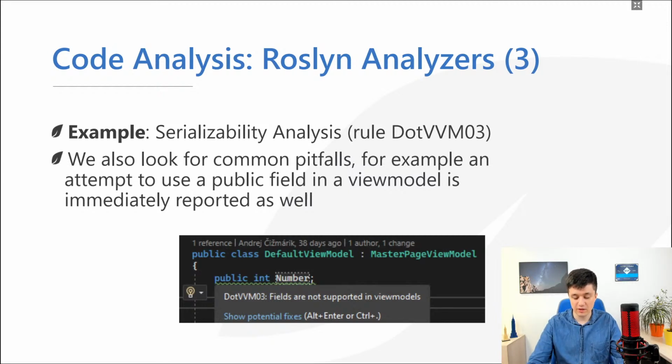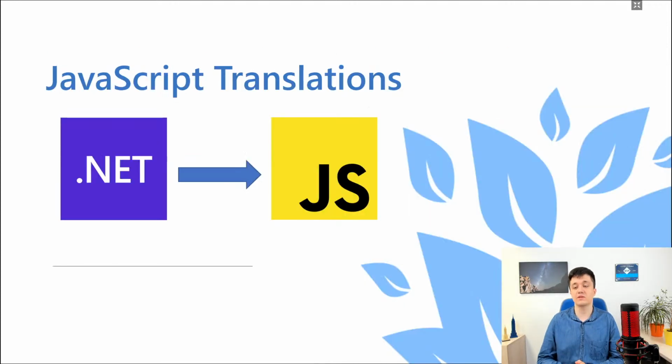Okay, so this was regarding code analysis, and right now I would like to approach the second topic of this presentation, and that will be JavaScript translations. JavaScript translations, what are they? What does this concept bring to .vvm, and what are they used for?